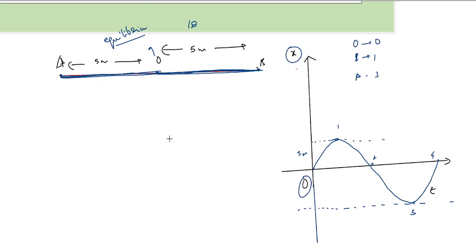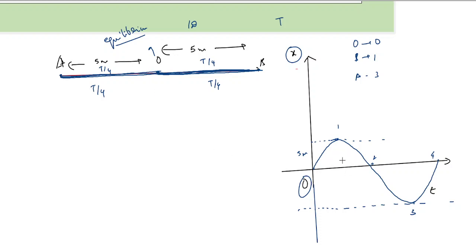Now, in terms of time period, if you call capital T the time period, then the time taken to go from O to B would be 1/4 of it, from B to O would be another 1/4 of it, from O to A would be 1/4 of the time period, and A to O will be again 1/4 of it. We can divide the entire motion into 4 blocks here.